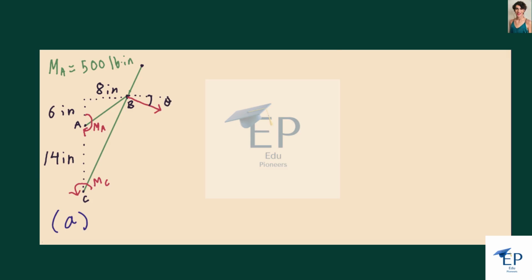And we'll call the force vector F of B. So to solve for this angle theta, we can write it as the tangent inverse of 8 divided by 6 plus 14.